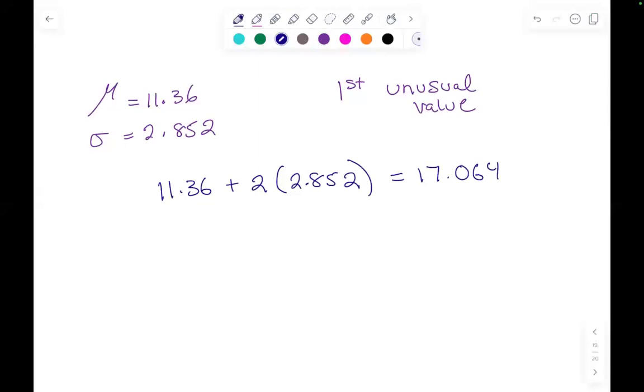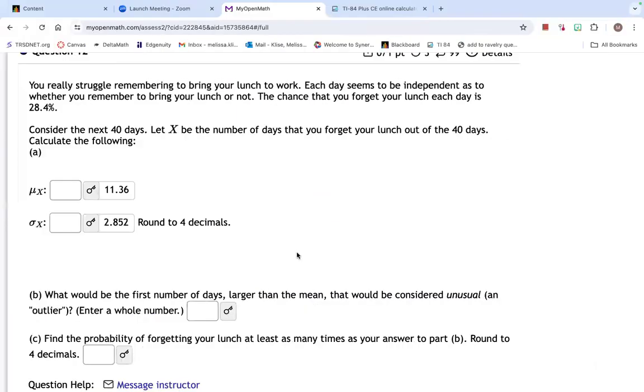So 17 days would not be unusual, because 17 days would be fewer than 2 standard deviations away from the mean, just barely, but it would be fewer. So the first day that would be unusual would be 18 days, because that's the first one past 2 standard deviations from the mean. Does that make sense? So this should be 18. Yes. Does that make sense? Okay.